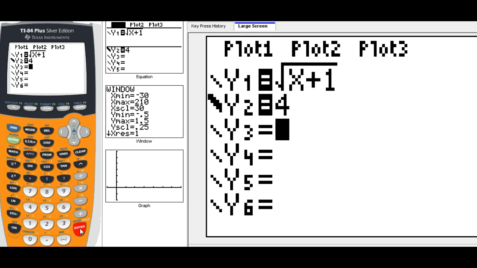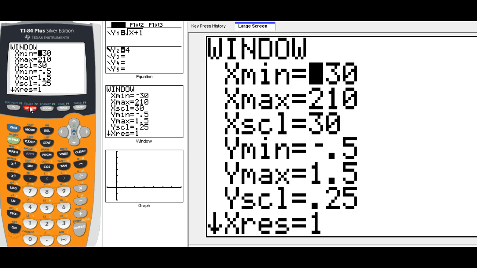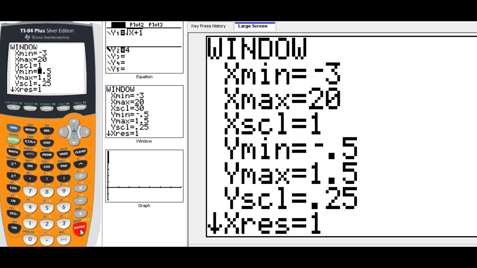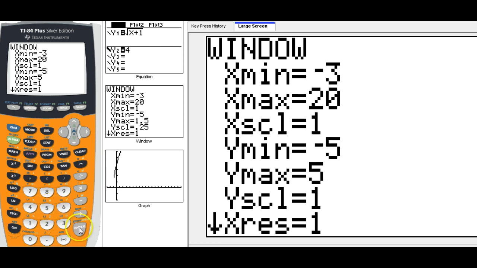You'll notice that left of my y2, I've got a little darker line drawn, so when I graph it, I can see what's going on. Hit your window button, and let's make the window the same as in our workbook. So x has a minimum of -3 and a maximum of 20 by a scale of 1. And y goes from -5 to +5 by a scale of 1.